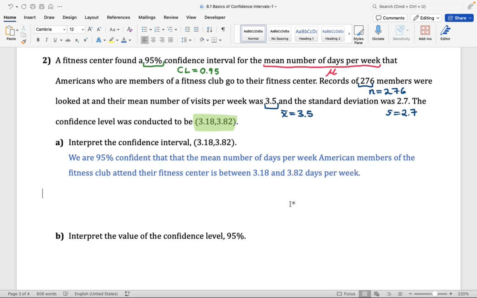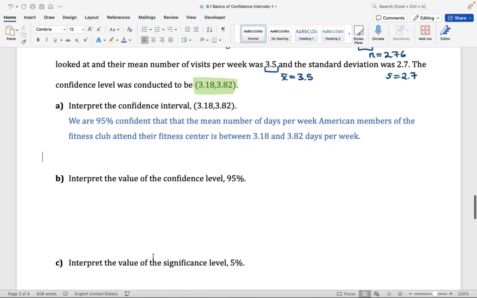So notice, here I'm simply saying we are 95% confident that mu is in between 3.18 and 3.82. But again, when you interpret the confidence interval, you need to use the context of the situation. You cannot just write mu. You need to explain in words what mu represents.